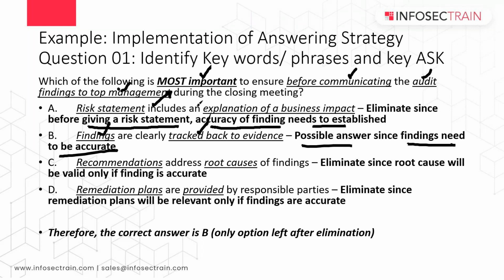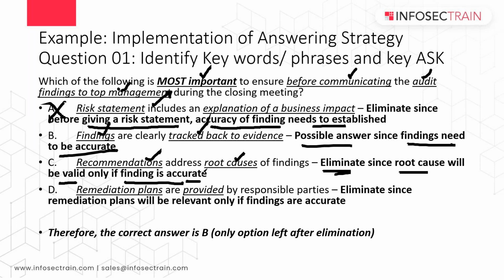First one got eliminated. Now, option C is recommendations addressing the root causes of the findings. Again, we eliminate because root cause will be valid only if the finding is accurate. If the finding is not accurate, then finding a root cause will be a futile activity.